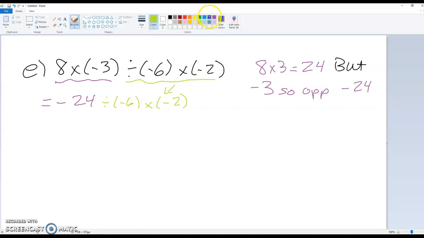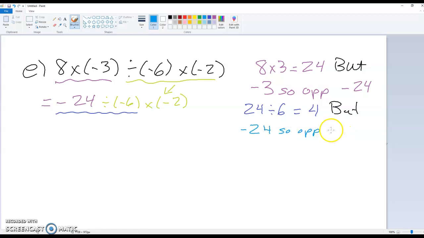And then, lovely thing about colors, I can move on to the next one. So this piece right here. If we had 24 divided by 6, our answer would just be a 4. But here's that double negative. But we have negative 24, so the opposite of that one would be a negative 4 in our solution here.